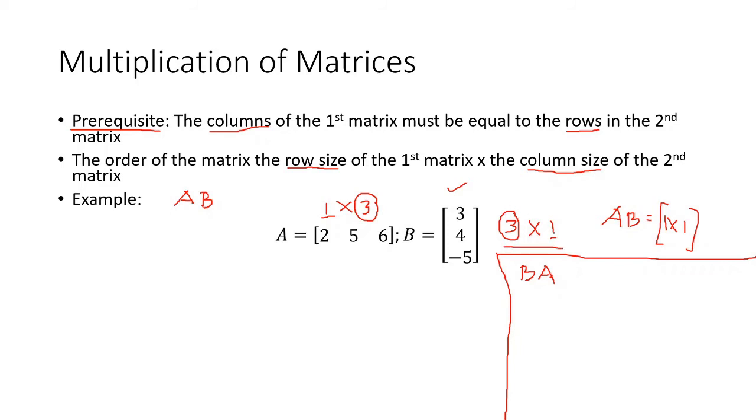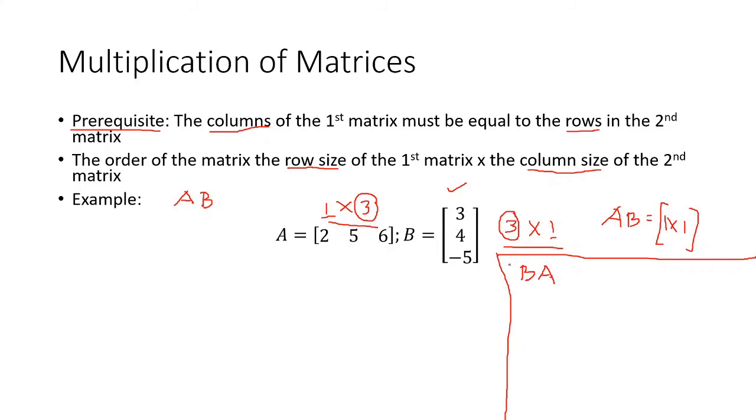So B is a 3 by 1 matrix and then A is a 1 by 3 matrix. So this is once again possible to multiply the two matrices because B has a column of 1 and then A has a row of 1. So therefore pwede siya i-multiply.